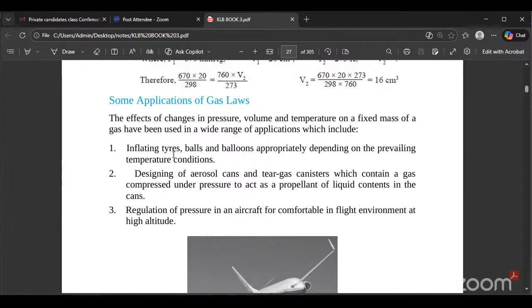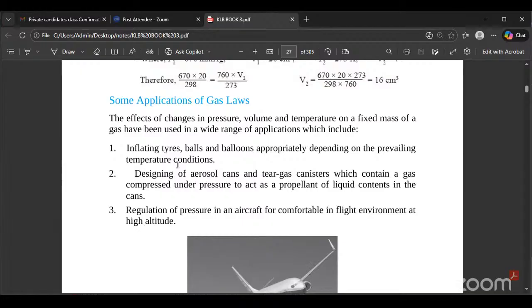So we have now, of course, applications. We are talking about the effects of pressure, temperature, and volume. So number 1 is inflating tires, balloons, depending on the prevailing conditions. That is why when people play, I normally use volleyball most of the time, although I don't like volleyball myself. I think it is a very rough game since someone wants to hit the ball.